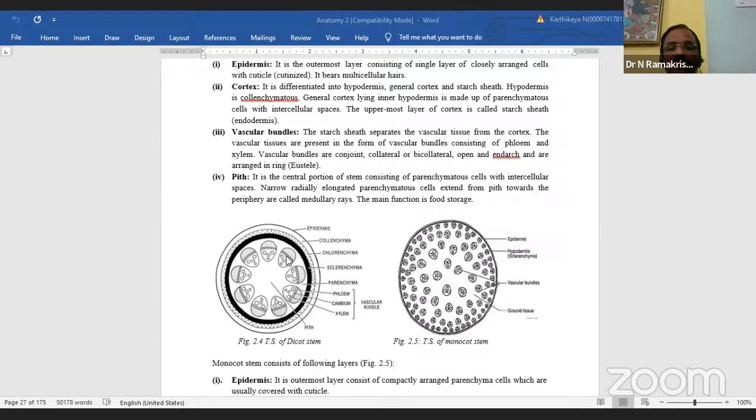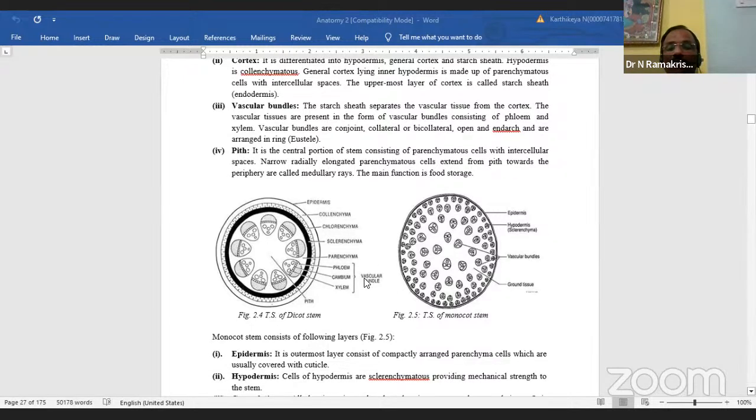Now you see here, this one is a bundle. In this bundle, this one is the phloem, and just above this area is the xylem, both together. 1, 2, 3, 4, 5, 6, so many vascular bundles in one circle-like structure. If we look at only one vascular bundle, it takes food material.